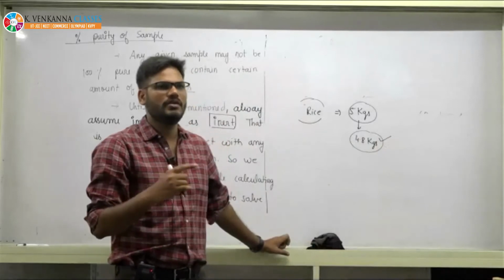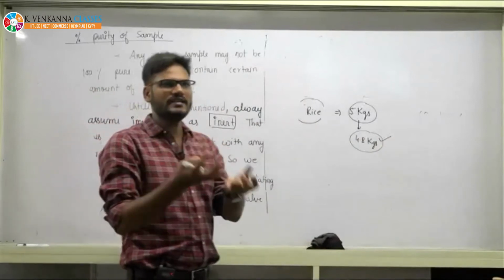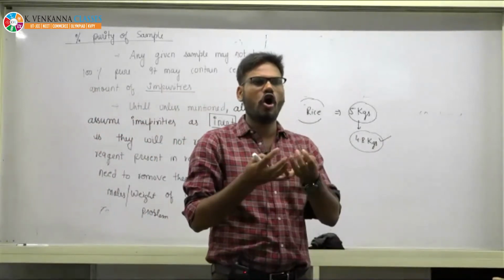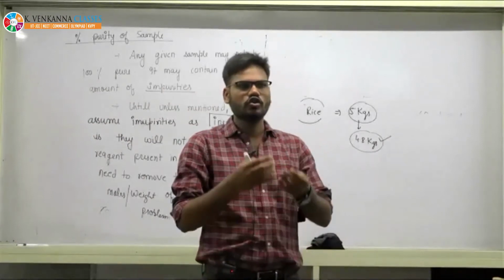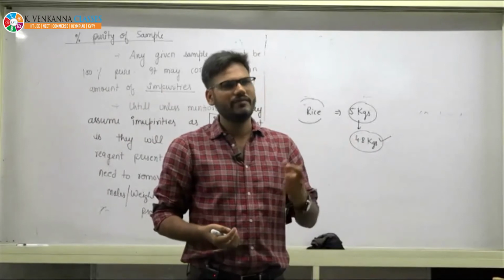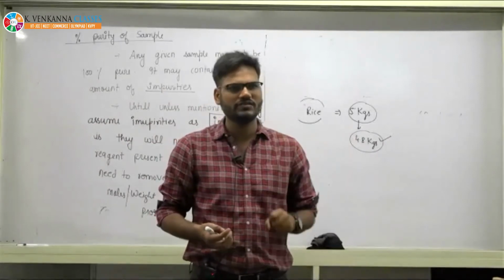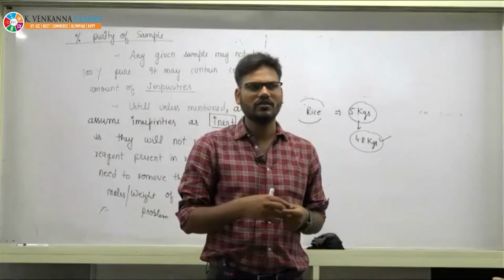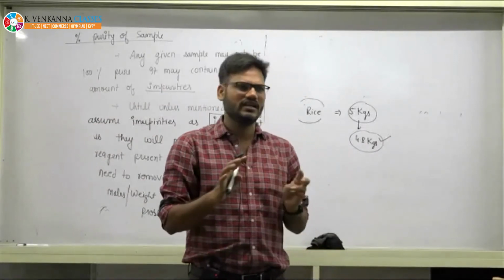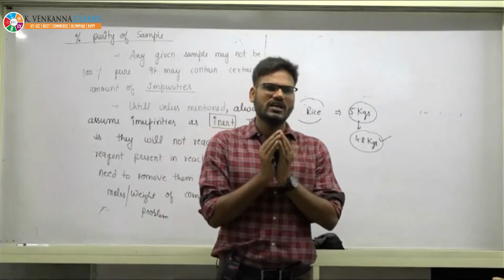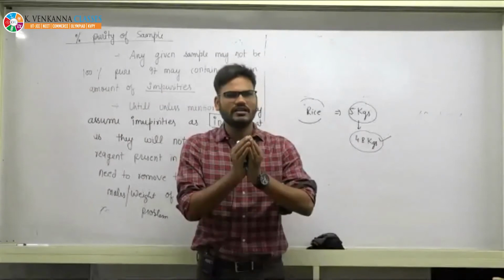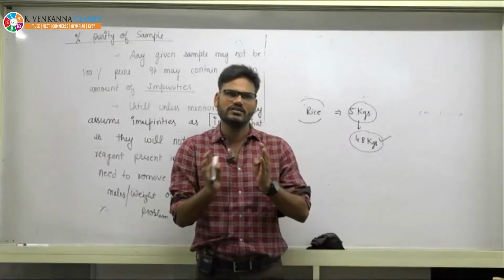The same concept applies in chemistry. If you collect some sample, there are high chances that it contains pebbles, stones, impurities or dust particles. So you have to remove those before solving the problem. They will give you information on how much impurity is present, and you just need to readjust the amount. From the total amount, you subtract the impurities, that's it.